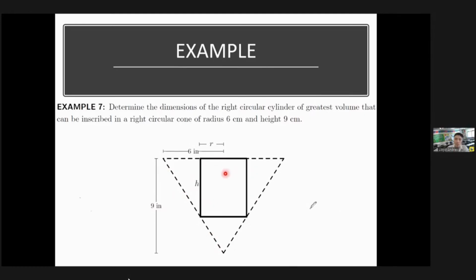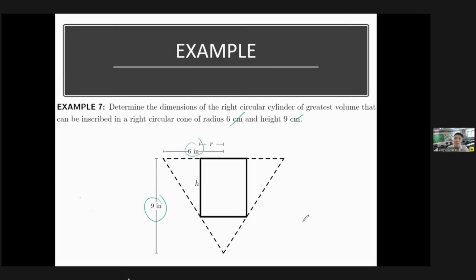Ang nahibal-an lang nga dimension is dimension sa cone, 6 inches ang iyang radius tapos 9 inches ang iyang height.